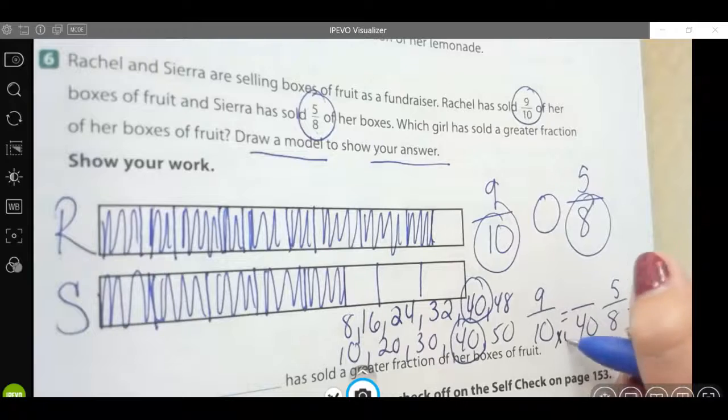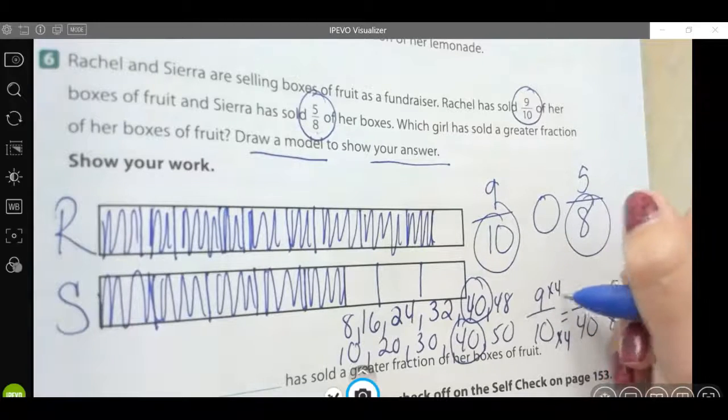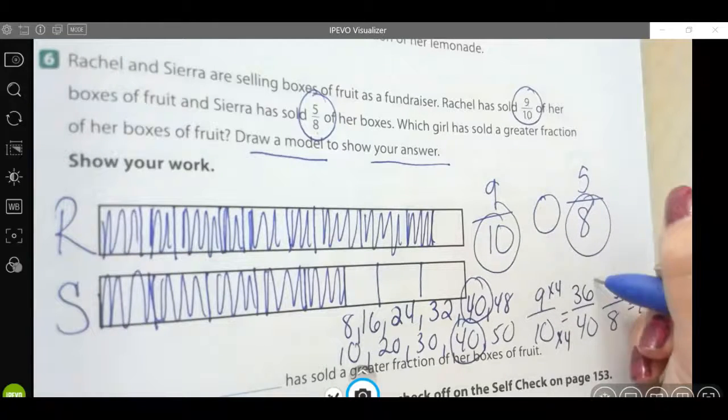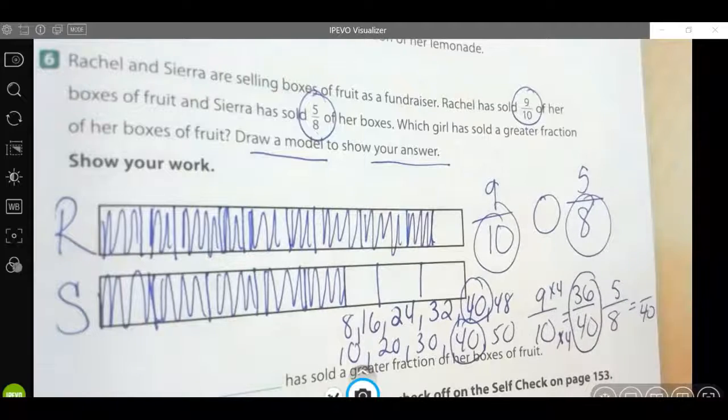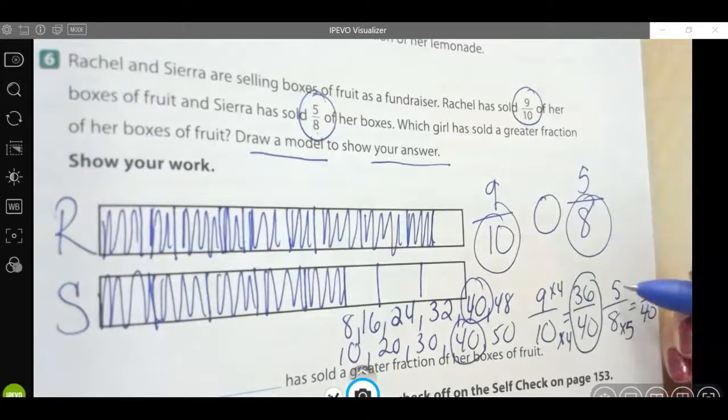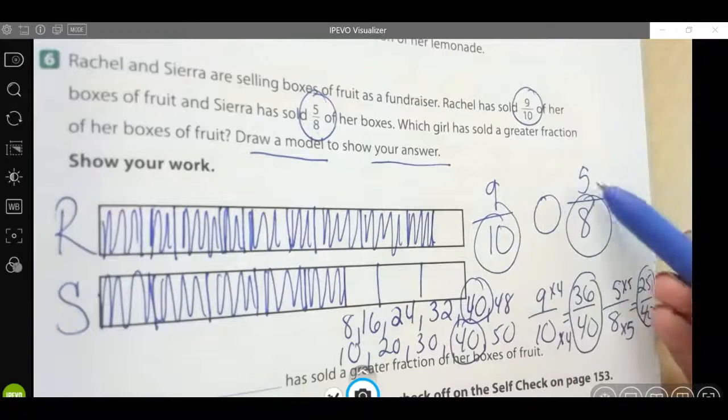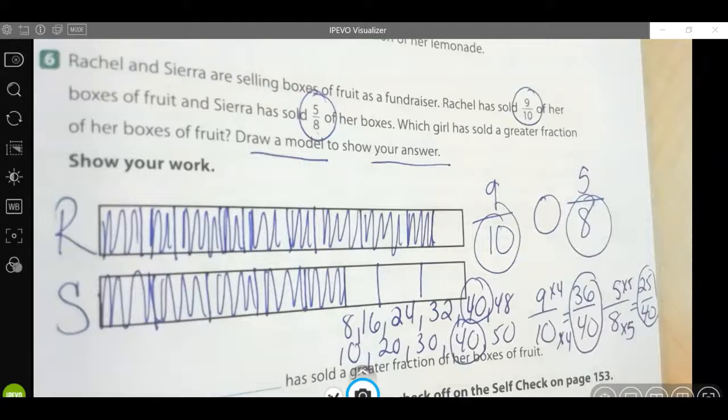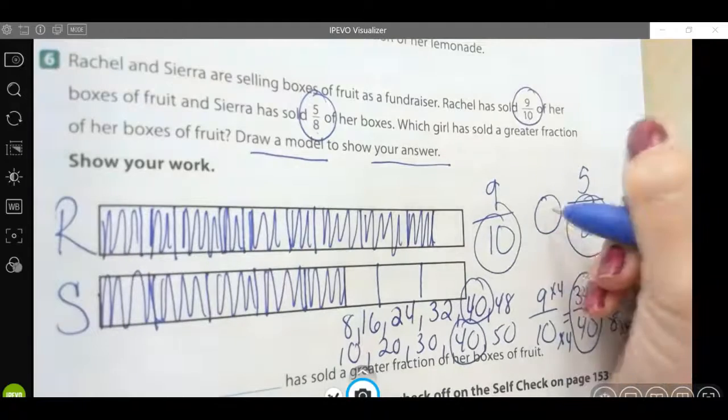Times 4. Okay, so what's 9 times 4? 36. Good. How do we go from 8 to 40? We multiply by 5. So what's 5 times 5? 25. So which fraction is greater, 9/10 or 5/8? 9/10. Okay.